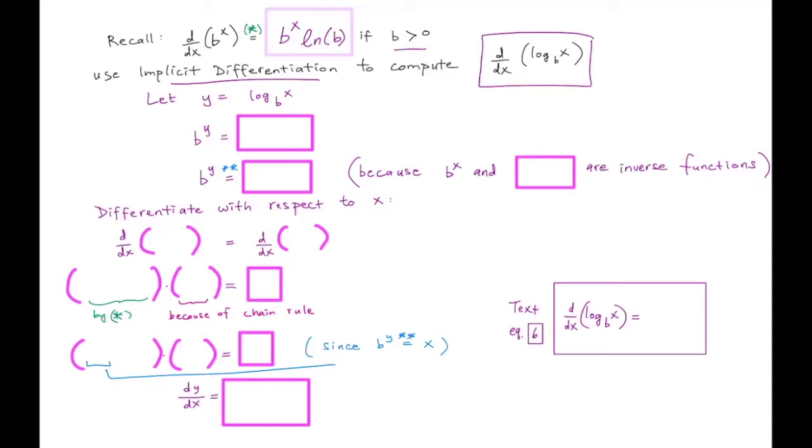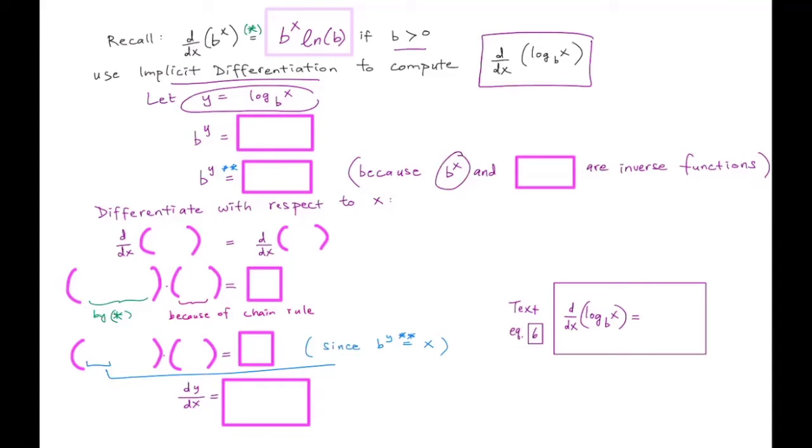We will do actually the same steps as in the previous slide. First, I write down y equals the function I'm interested in differentiating. And I want to make the right-hand side be simpler. So I will apply the inverse function of log base b of x. And that would be b to the x.